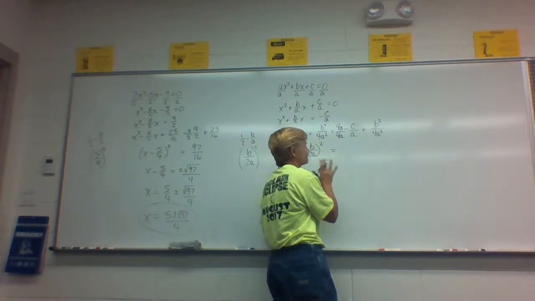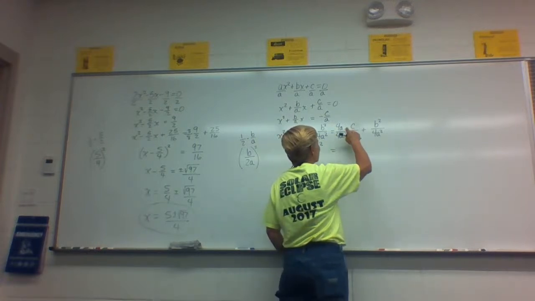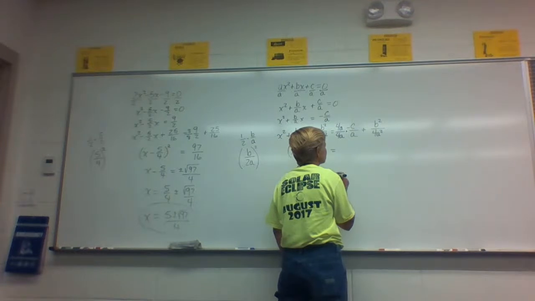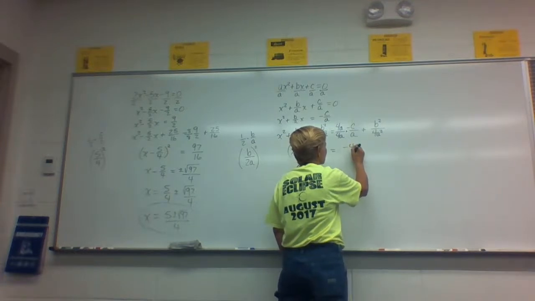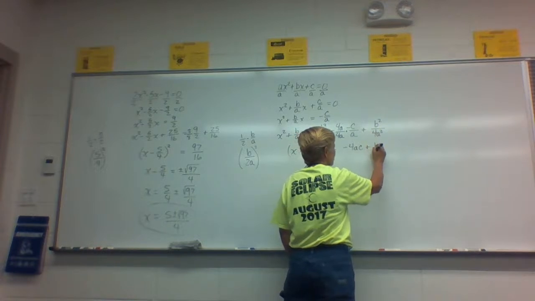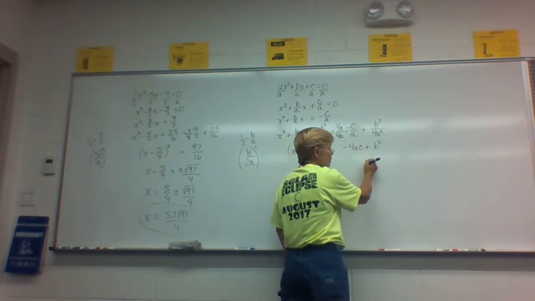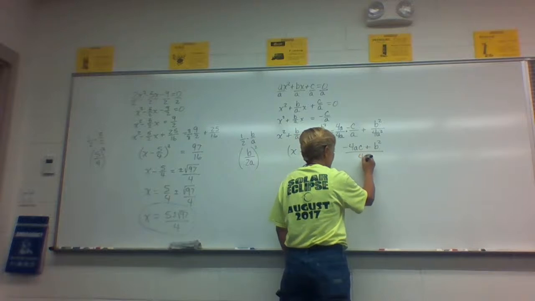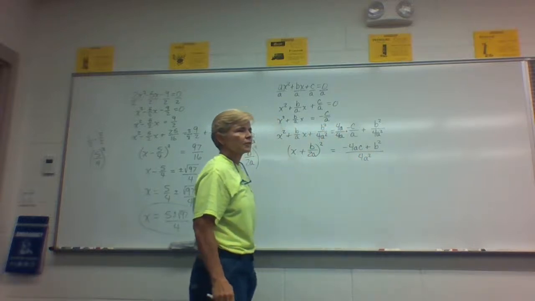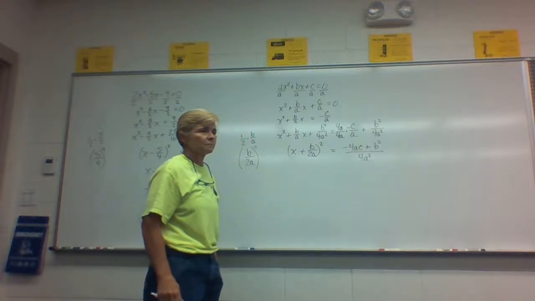Okay, so if I multiply, now keep in mind that was negative because it was negative when we tossed it over. This is times right here. So what do I get in this one's numerator? Negative 4ac. This one already had that one, so it's just plus b squared. Are we following? All over 4a squared, because that's the common denominator. Does that make sense? Or not?